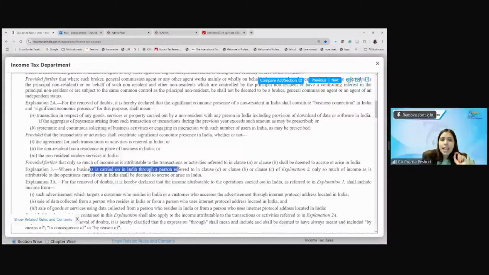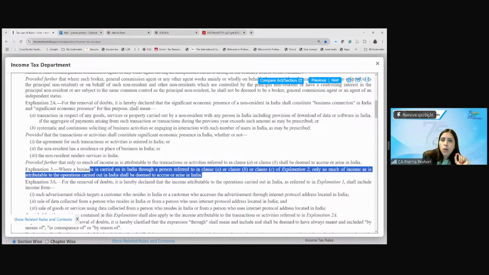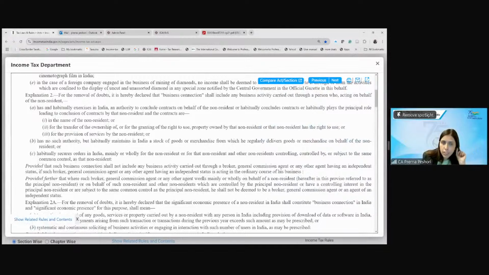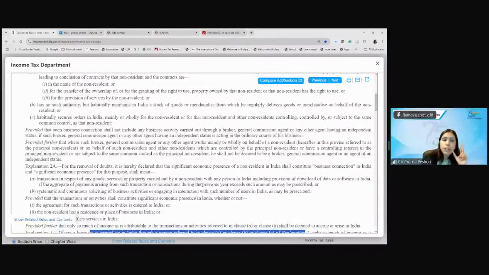Where a business is carried on in India through a person referred to in clause A, B, C of explanation 2. A, B, C of explanation 2 was what? Dependent agent. One who is concluding the contracts, securing the orders, delivering the stock, that person.